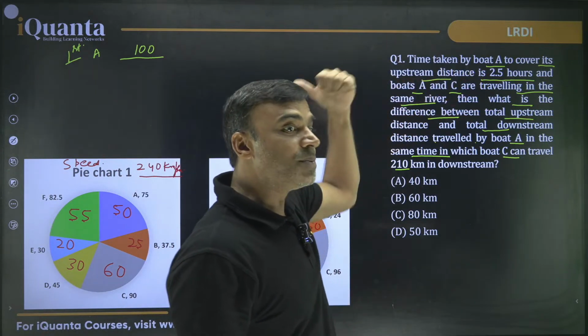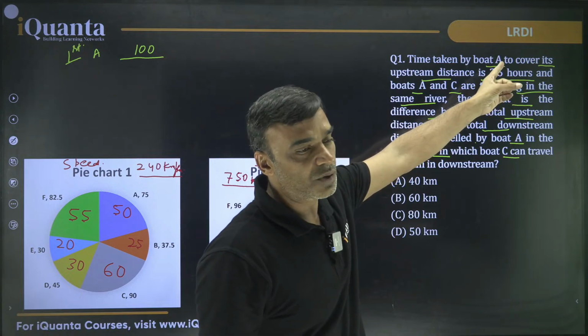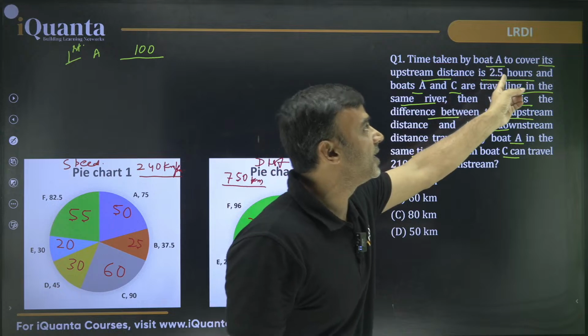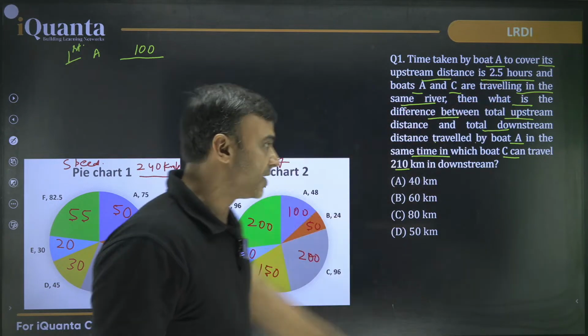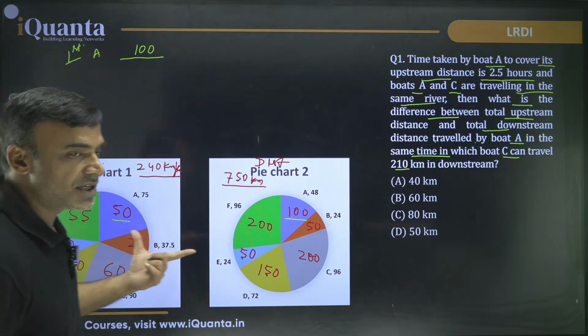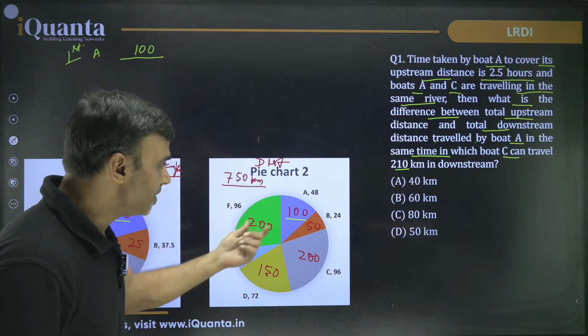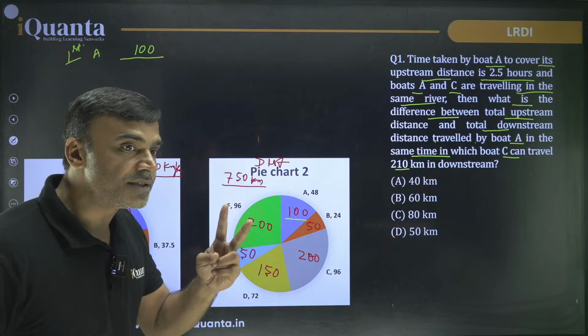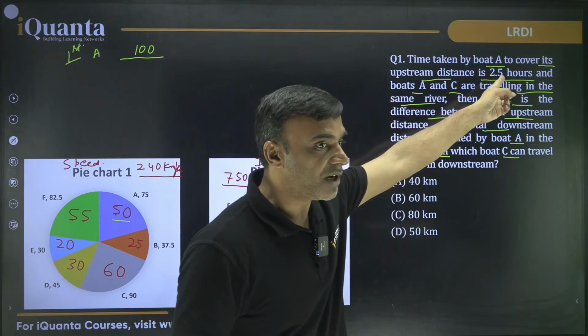So अगर वो upstream travel करे तो 2.5 hours लगता है. The question is telling you that if it travels upstream, it will take 2.5 hours. Whereas जब वो normally travel कर रहा था तो कितना time लग रहा था? 2 hours लग रहा था. When it was traveling normally, according to this information, 100 by 50, it was taking 2 hours. But the question says if it travels upstream, it takes 2.5 hours, right?